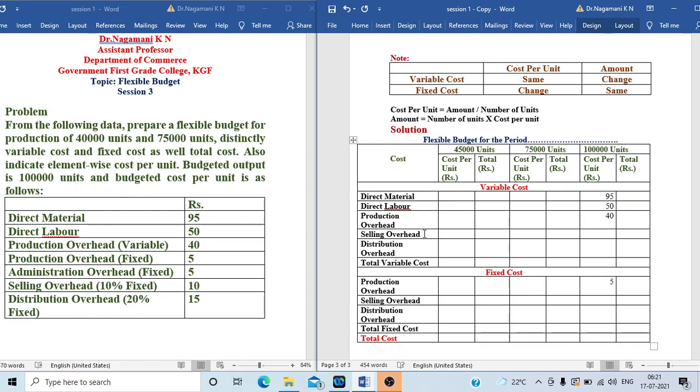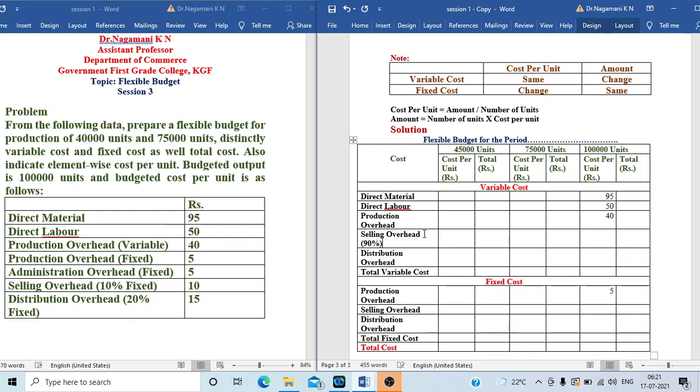Here variable is 90%, means 10 into 90% means 9 will come, and 10% is fixed.